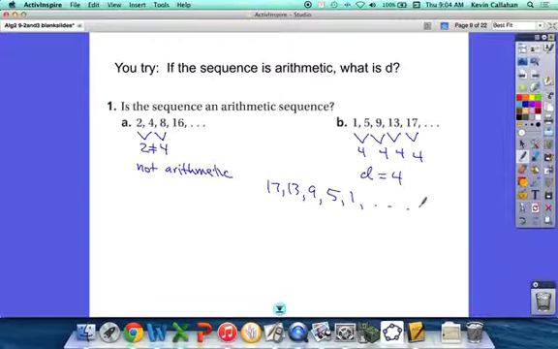Then what would be the common difference? It'd be -4. What do you keep adding to get the next term? -4. So you could have the terms getting smaller and be arithmetic, right?